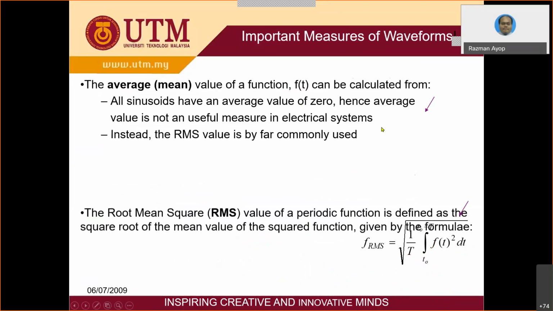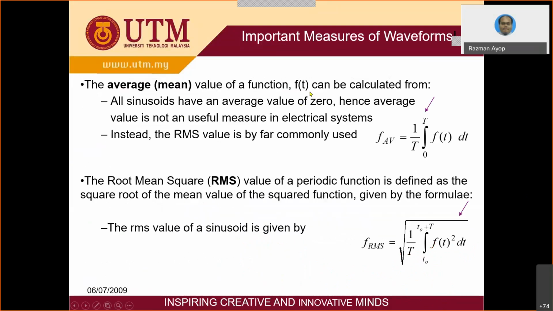So this is what I mentioned before, average and RMS value. This one is important because usually we use the RMS. So basically you have to remember how to convert to RMS. This is a very important formula. It can be either voltage or current.